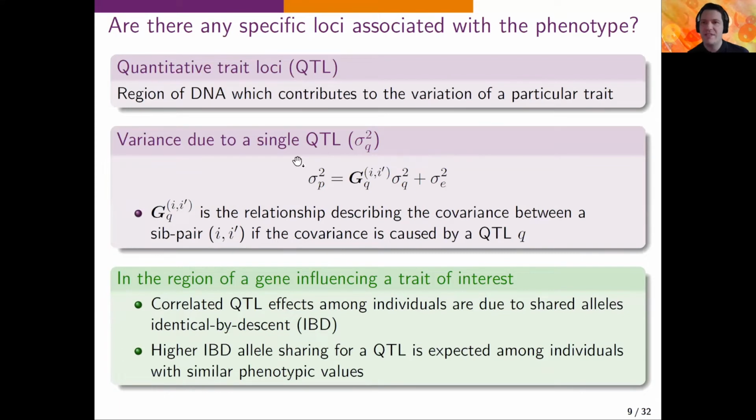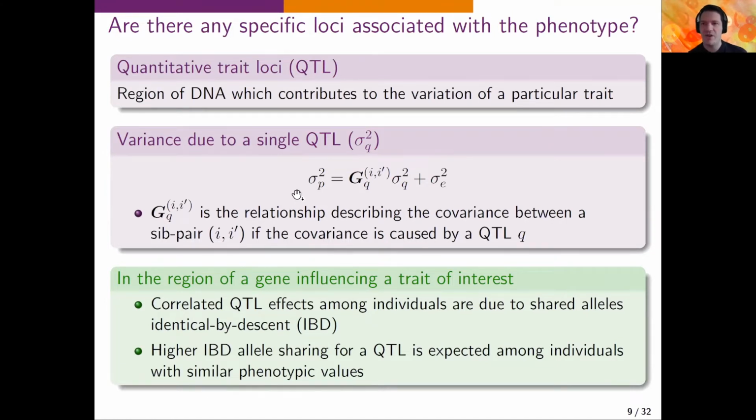Now, what if instead of looking at all markers at the same time, we look at more specific loci? By doing so, we could find some regions that contribute to the variation of the trait of interest, which turns out to be the very definition of a QTL, right? In order to find the QTL, we look at the relationship between sib pairs in specific locations along the genetic map.